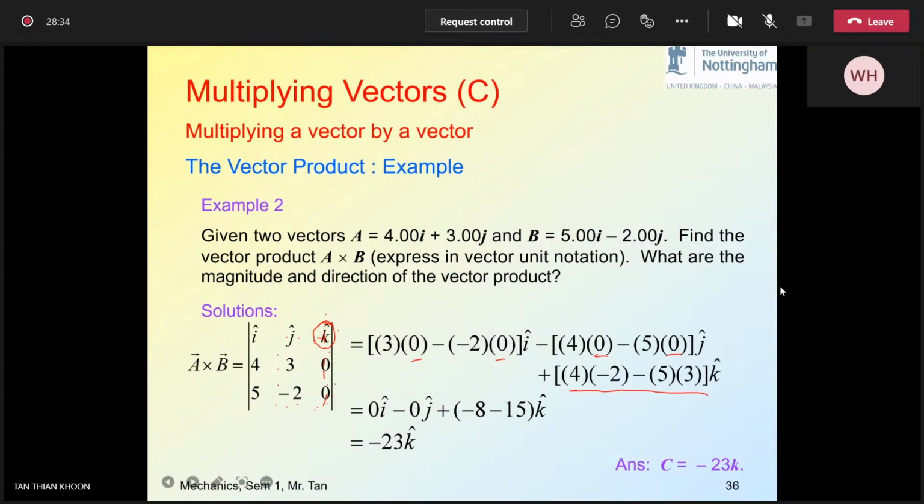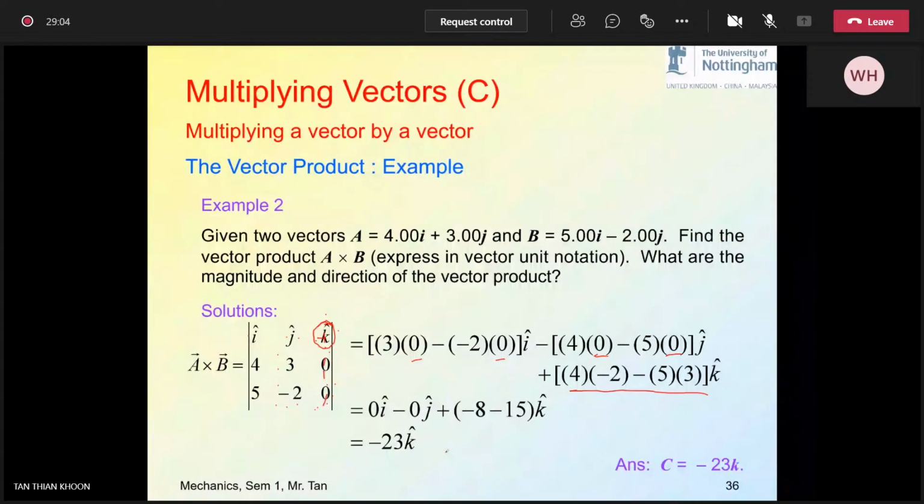The question wants us to find the magnitude. So how do we find the magnitude of this vector A cross B? Anyone?